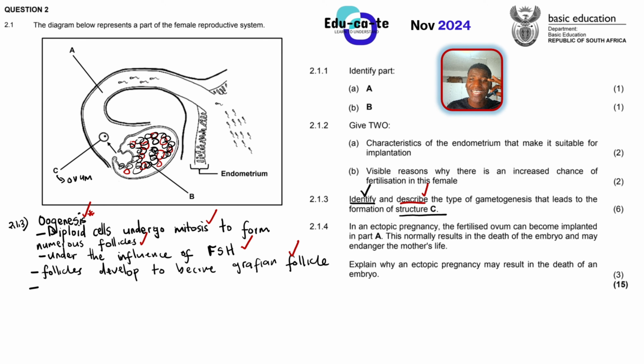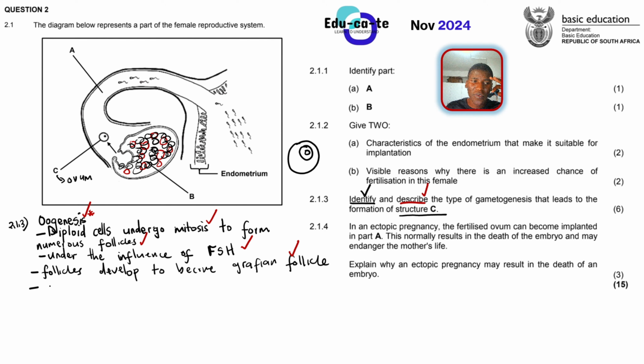Remember that the Graafian follicle has a cell inside it. The Graafian follicle looks like this, and inside it, it has a cell. So what will happen to this cell? This is still under the influence of FSH. All of it is under the influence of FSH.